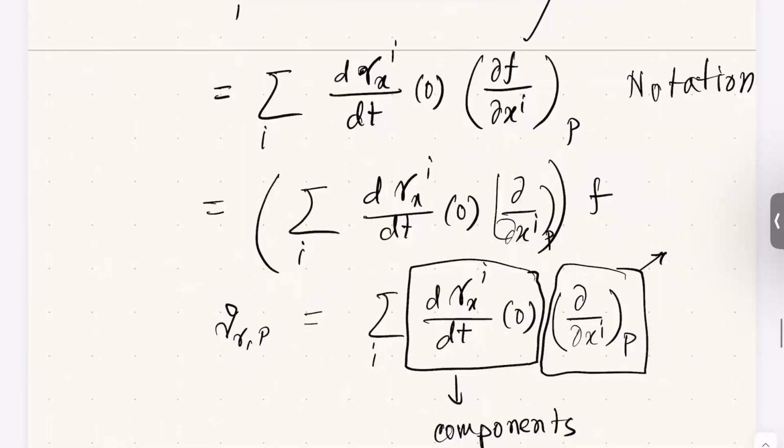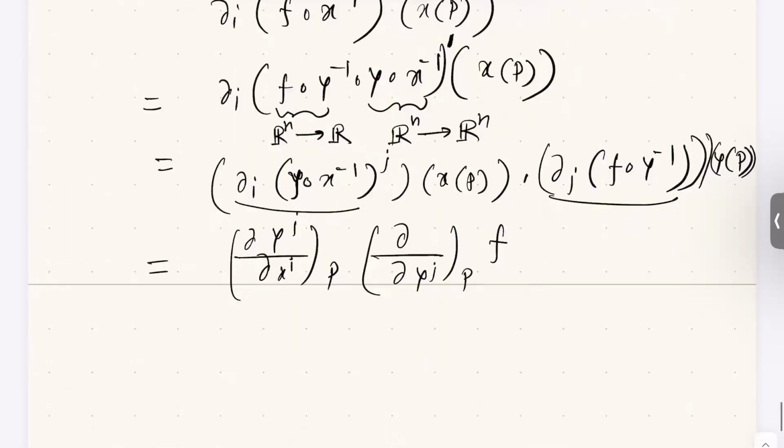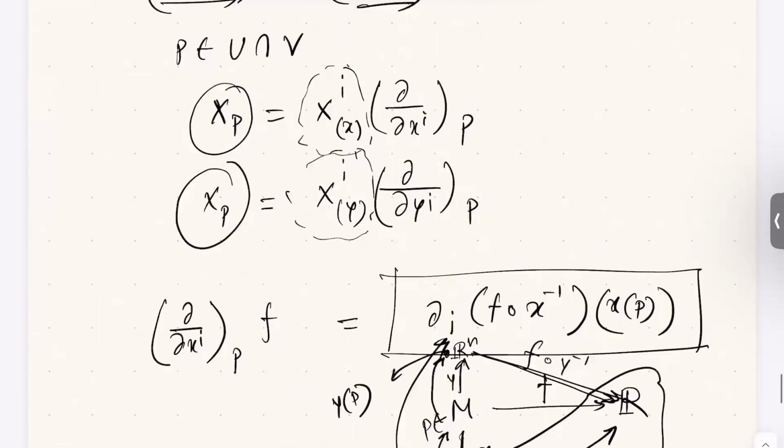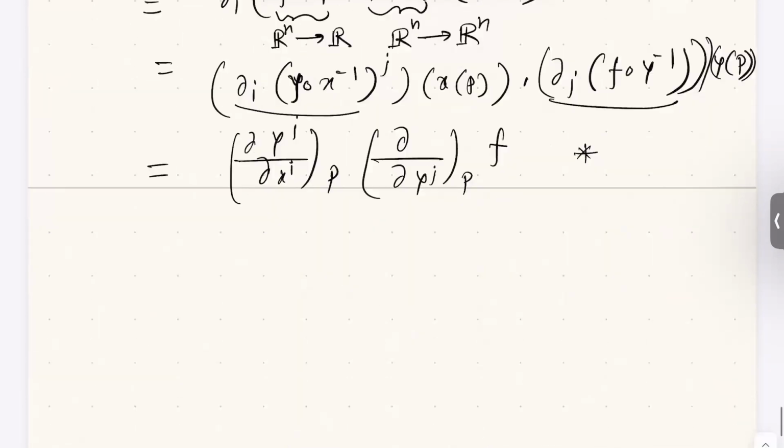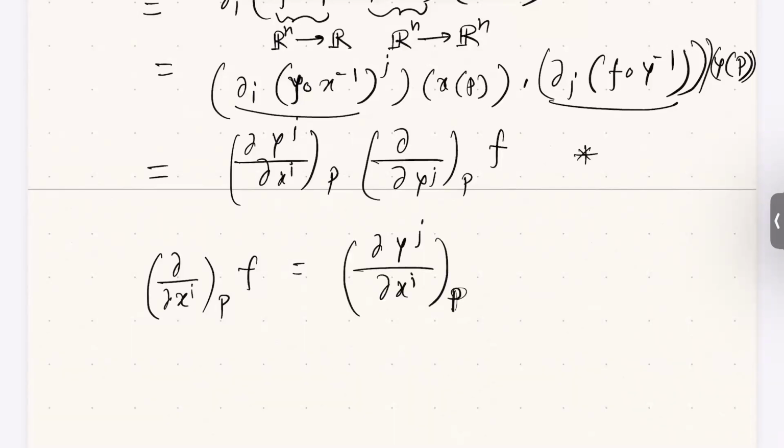And using this notation, I can write this. Now I started from del xi at P on the function f, and I got del yj over del xi at the point P, del yj at the point P of f.